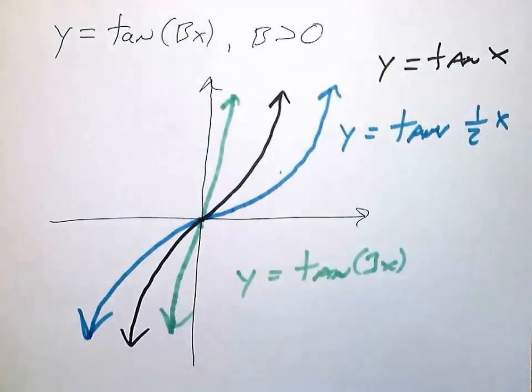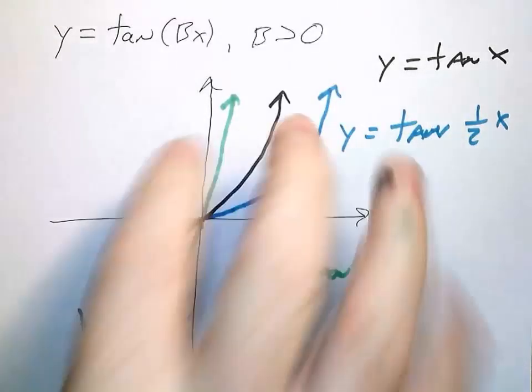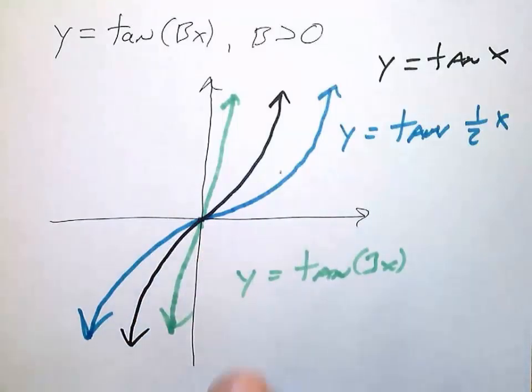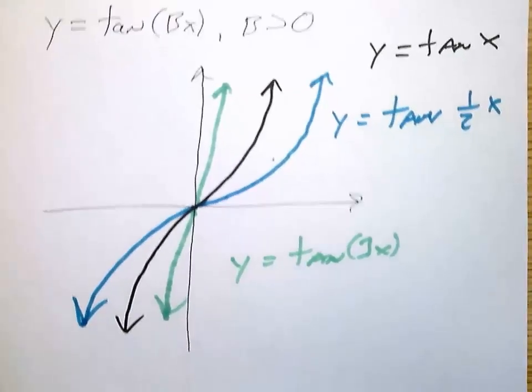So I haven't drawn the asymptotes because it'll clutter up the screen, but basically you see how my x values are. And another thing is that, of course, this is just one period. In your actual graph, you're going to have period after period here.